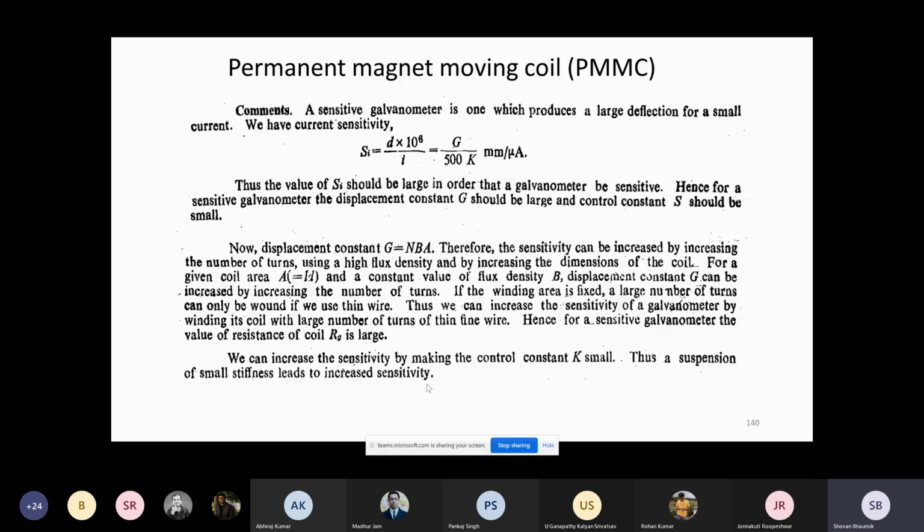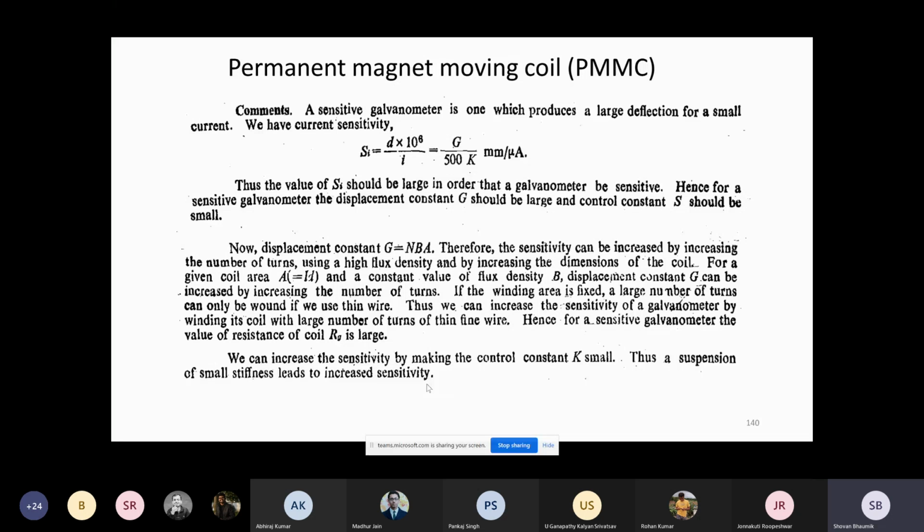Hence, for a sensitive galvanometer, the resistance of the coil RG is comparatively large. Large, but don't think that it is a megaohm or something. It is in the order of ohms or even less, but comparatively large.